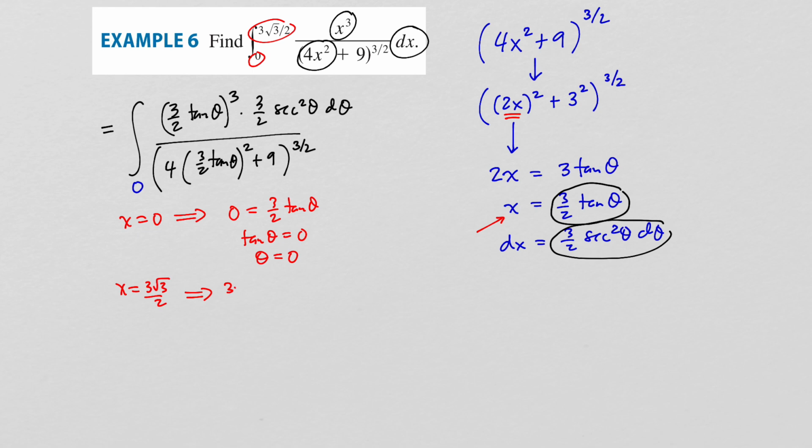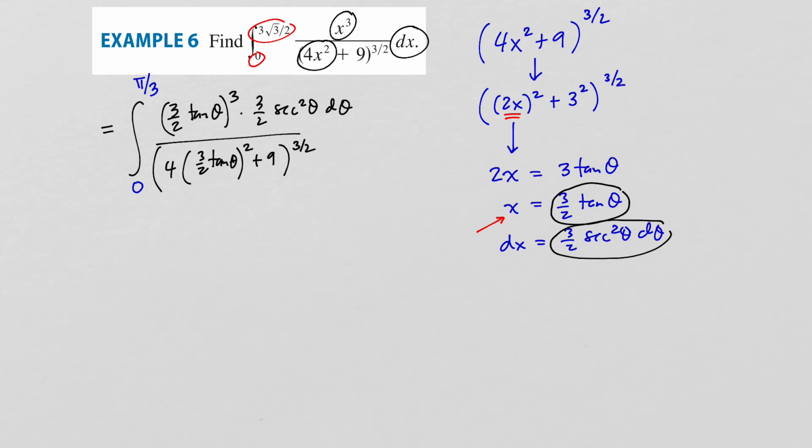This means that 3 radical 3 over 2 is going to be equal to 3/2 tangent of theta. Multiplying by 2 on both sides and dividing by 3 on both sides gives us tangent of theta is equal to radical 3. And this happens when theta is pi over 3. So our new limits are going to be 0 and pi over 3.